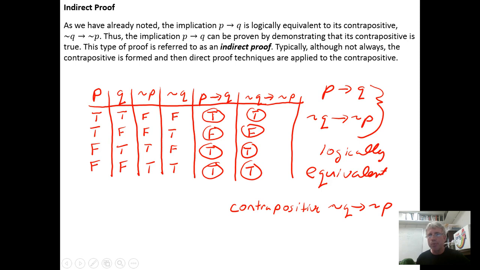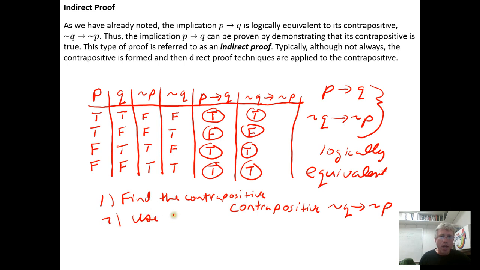So indirect proof in mathematics: step 1, we find the contrapositive. We then use direct proof to prove the contrapositive.